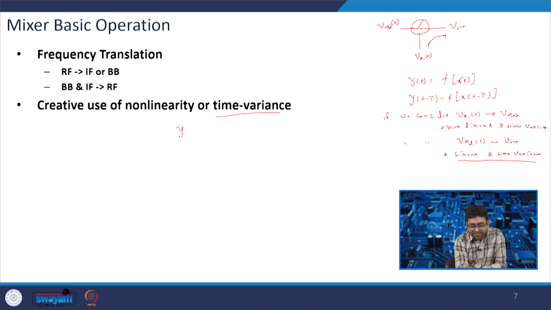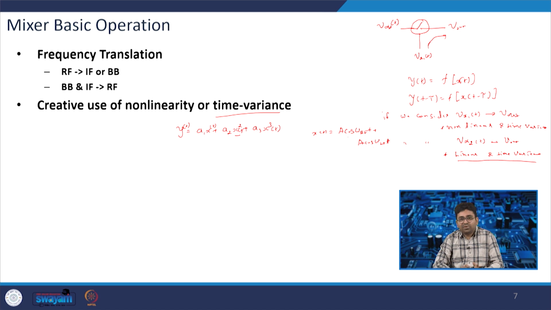If your output y is equal to a1x plus a2x square plus a3x cube, now if this is y(t) and this is x(t), and your x(t) is a combination of a cos omega RF t plus a cos omega LO t, so if two signals are there, cos omega RF and cos omega LO, when you square the term, you will get the combination of a cos omega RF t multiplied by a cos omega LO t, and you will get both omega RF plus omega LO and omega RF minus omega LO.